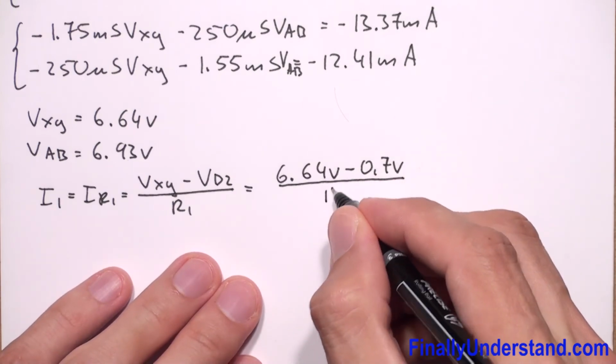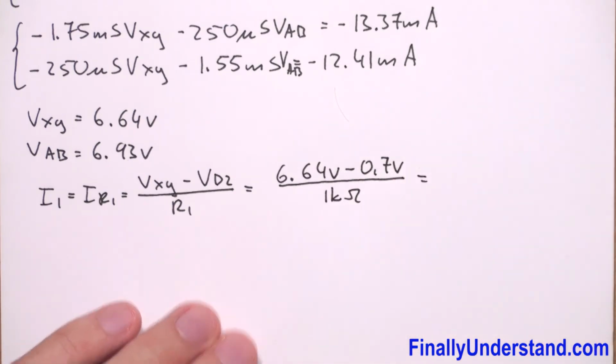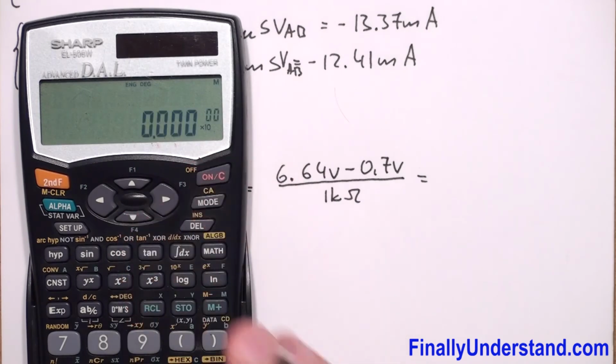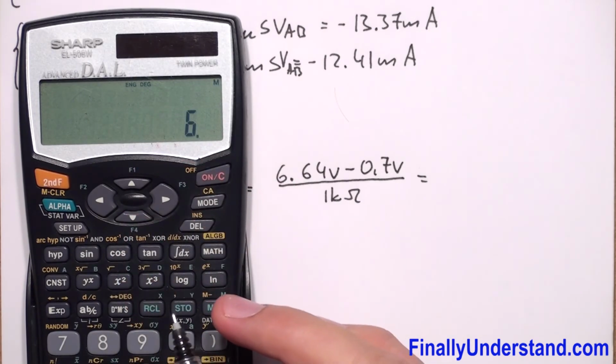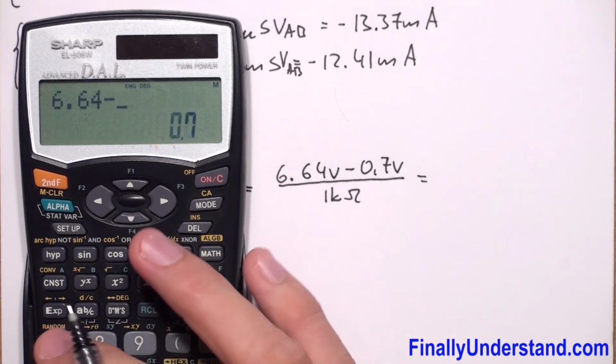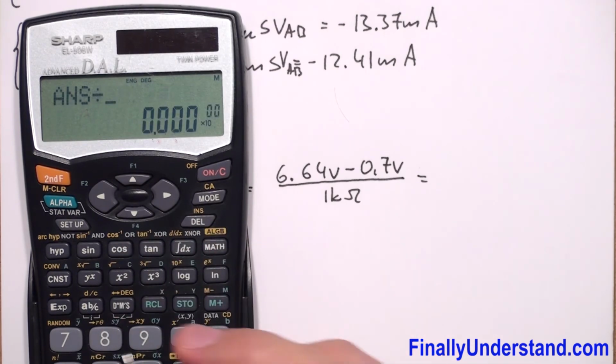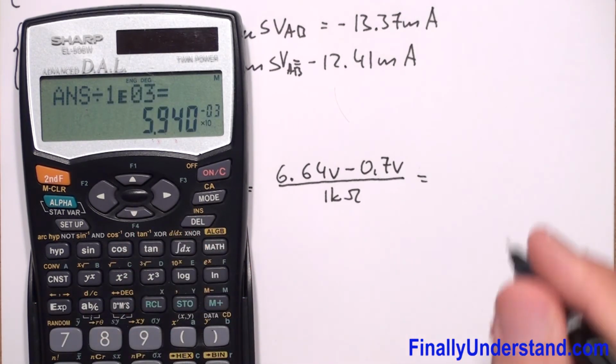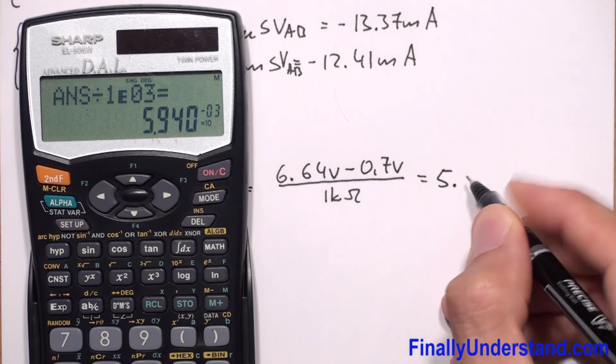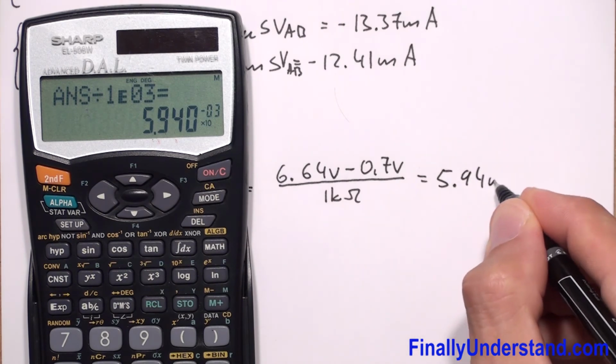R1 is equal 1 kilo. Okay, so let me use the calculator. So I have 6.64 minus 0.7 is equal, divided by 1 exponent 3 is equal 5.94 milliamps.